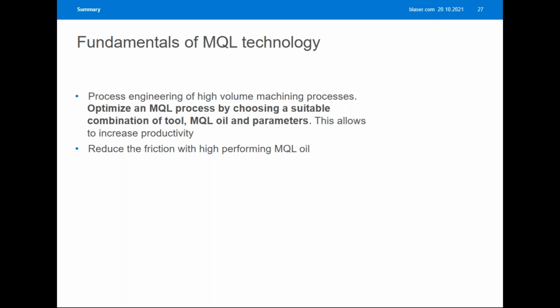From our side, where we are able to help is with the high performing MQL oils. We're able to reduce the friction and help the customers increase productivity. And the key to cutting away the heat is to be able to increase the productivity.